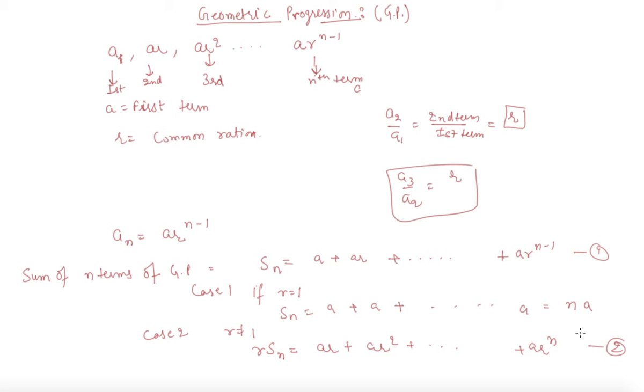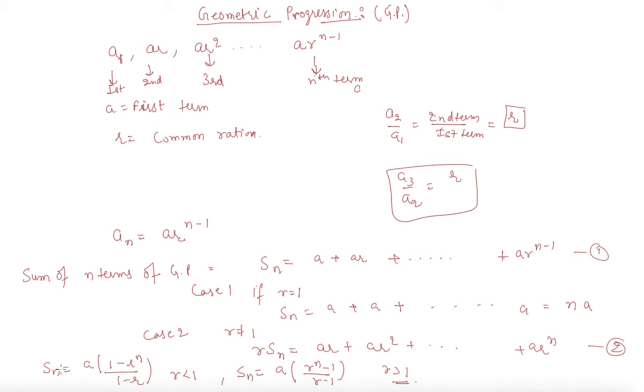Subtracting equation 1 from equation 2, we get a relation: Sn equals A times (1 minus R to power n) upon (1 minus R) if R is less than 1, or Sn equals A times (R to power n minus 1) upon (R minus 1) if R is greater than 1.